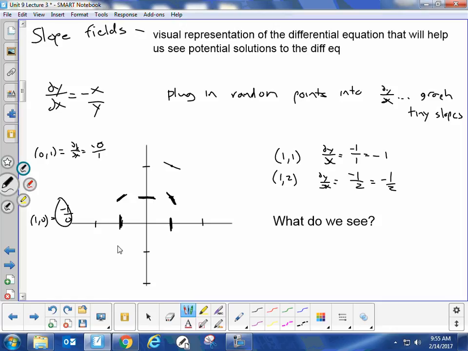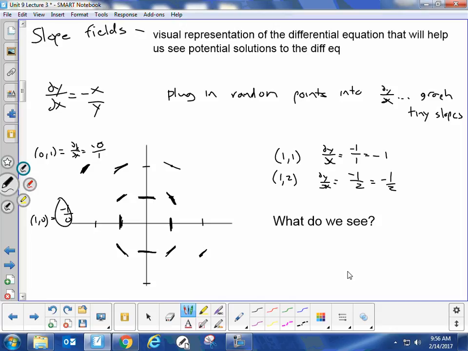And at (-1, -1), I would see the slope is negative. At (0, -1), the slope is 0. At (1, -1), the slope is positive 1. And we could continue to do that. Okay? And I could find that this slope is positive 1/2. This slope would end up being negative 1. This is negative 1.